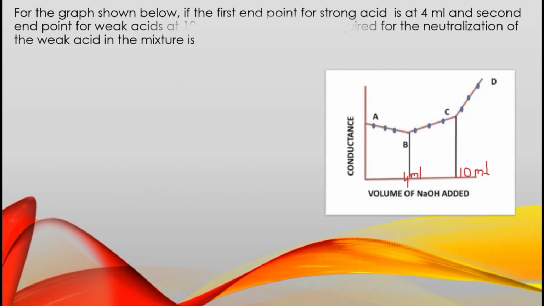So let us solve the last problem. For the graph shown below, if the first endpoint for strong acid is at 4 ml and second endpoint for weak acid is at 10 ml, then the volume required for the neutralization of the weak acid in the mixture is, let us see the options.